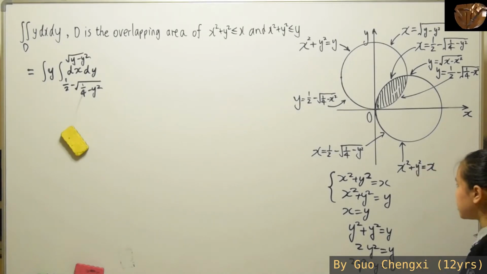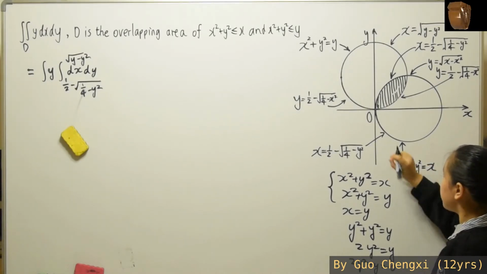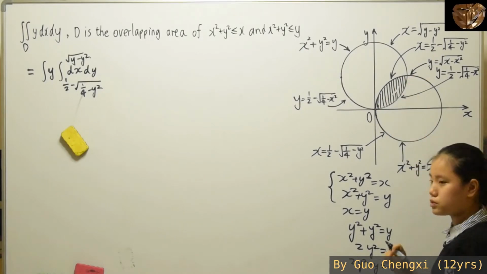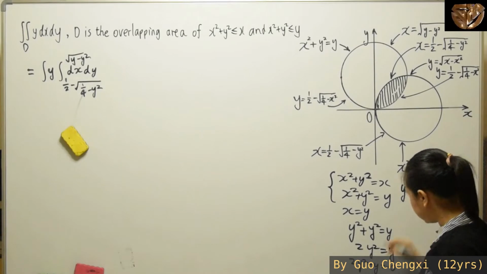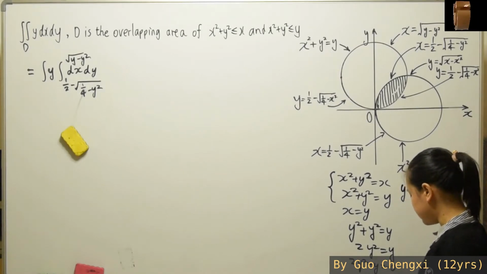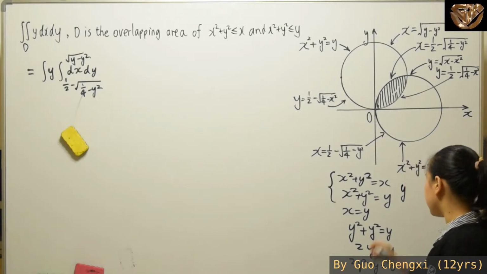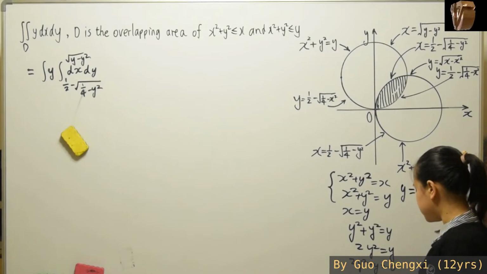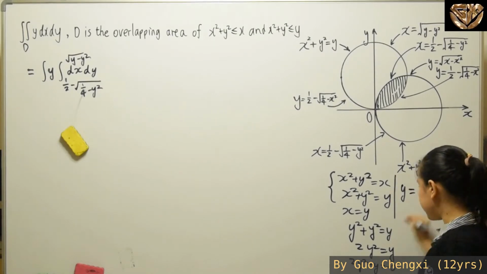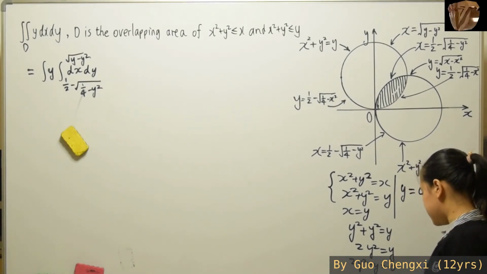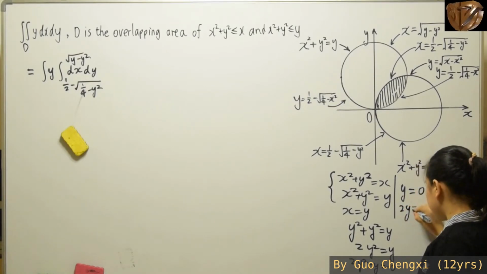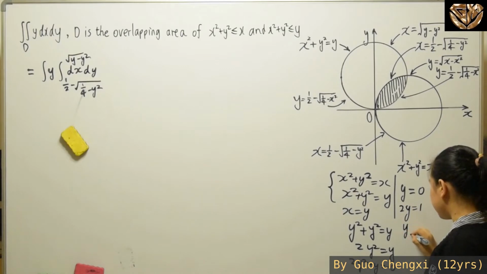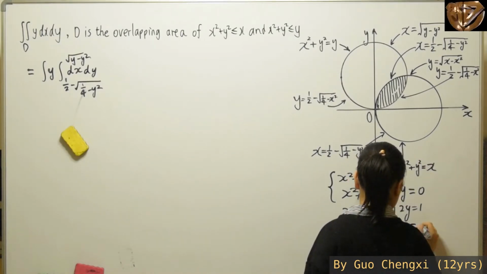So now that we have gotten this, we'll be able to get the points of intersection of both of them. The first point of intersection is when this part is 0 and this part is not. So when this part is 0, y is basically 0. But if this part is 0 and this part is not, that means 2y equals 1, thus y equals 1 over 2.